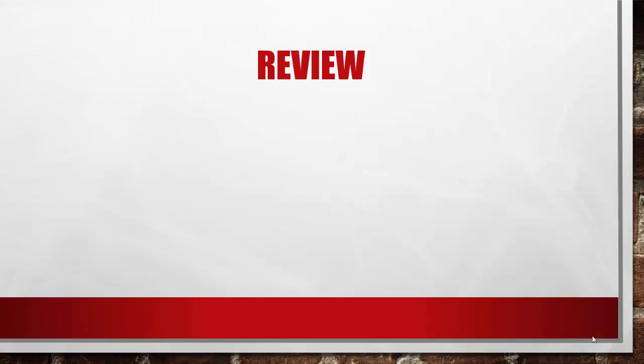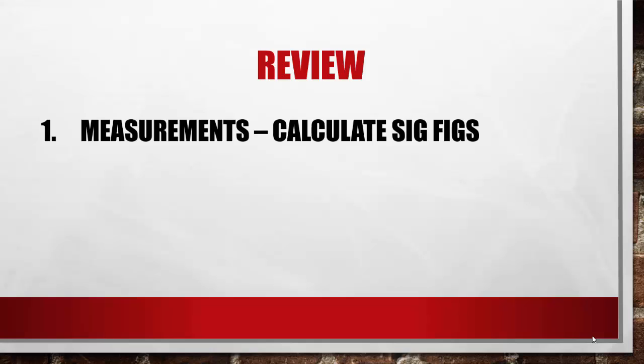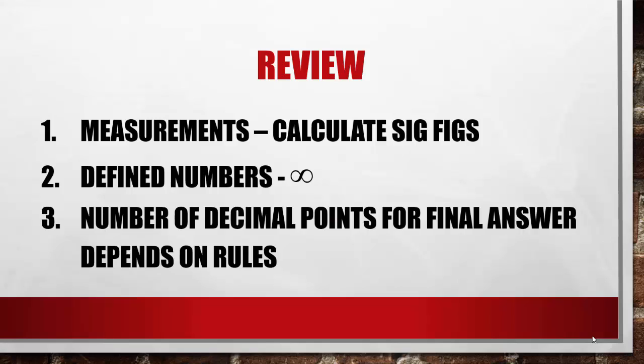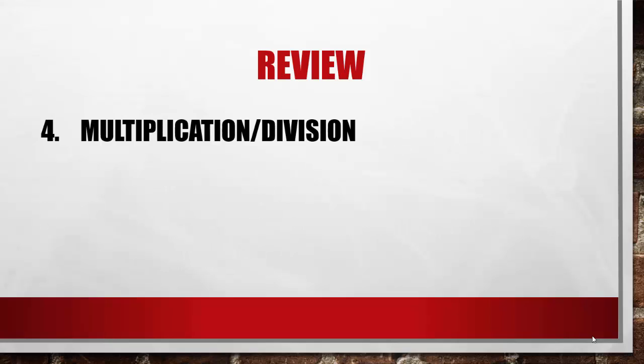So to review how to do math with significant figures. 1. For measurements, you need to calculate significant figures. 2. For defined numbers, and remember defined numbers are counts and conversion factors, there are an infinite number of significant figures. The number of decimal points for the final answer depends upon the rules.